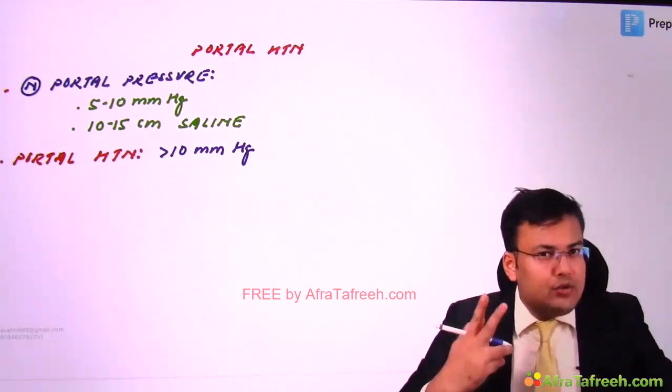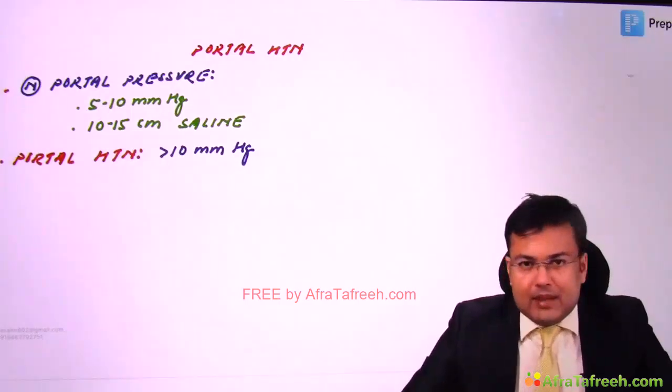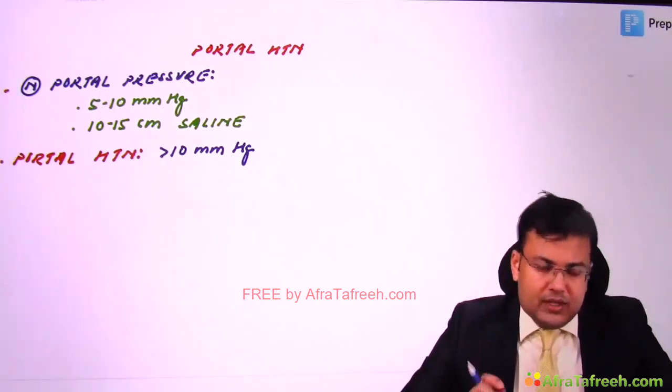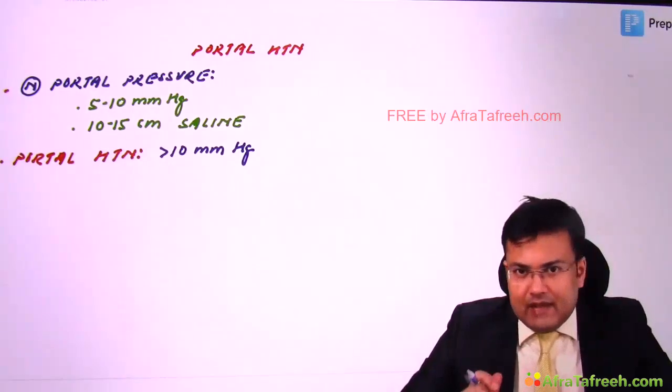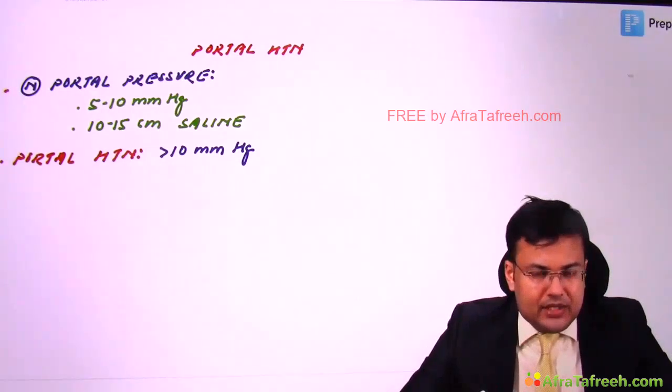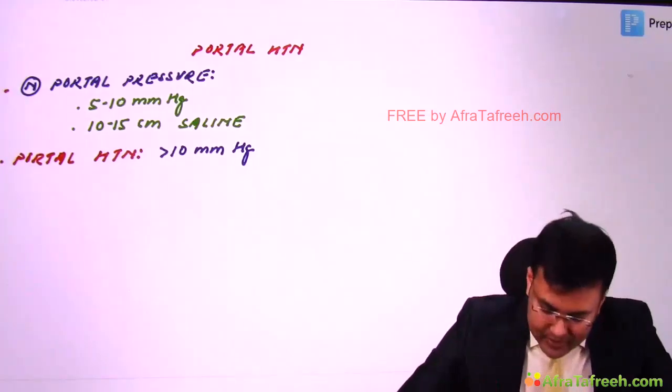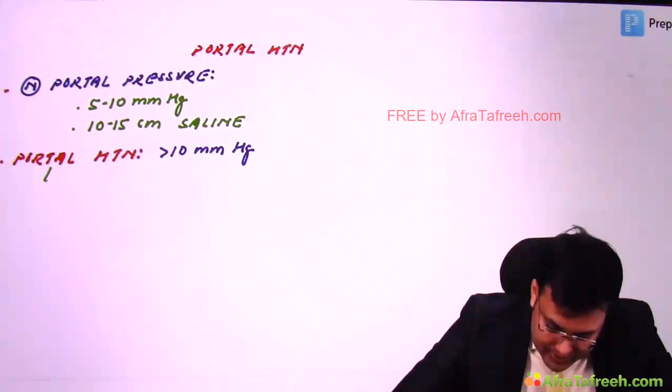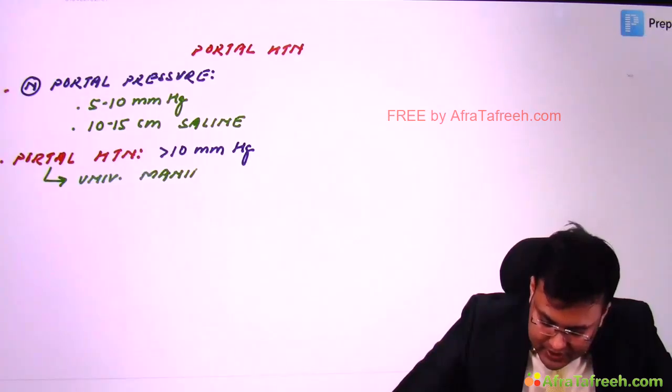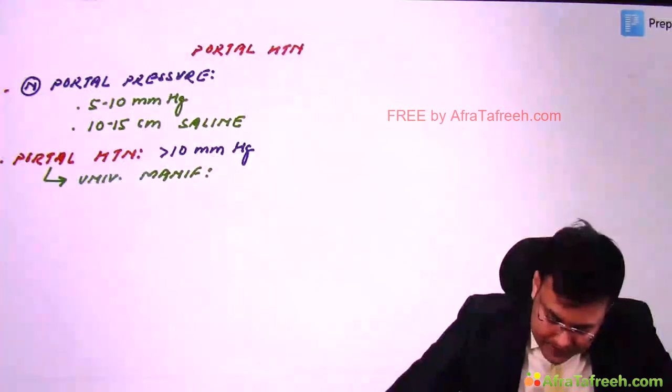Okay, there are two universal manifestations of portal hypertension. What are those two universal manifestations? One is esophageal varices, so variceal formation, and second is splenomegaly. So what are the universal manifestations? Means seen in all patients. Universal manifestations of portal hypertension.